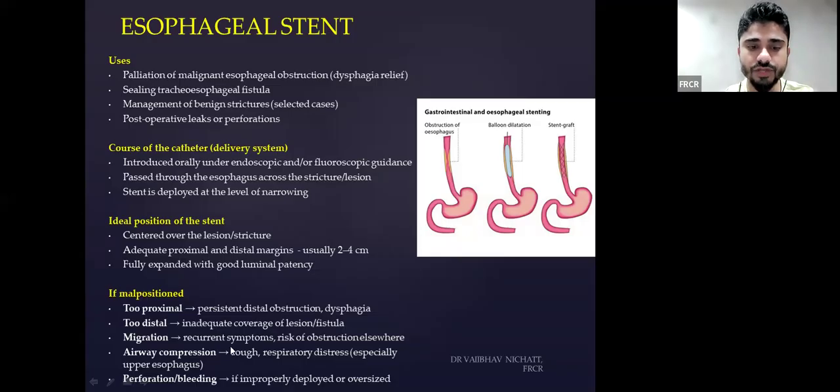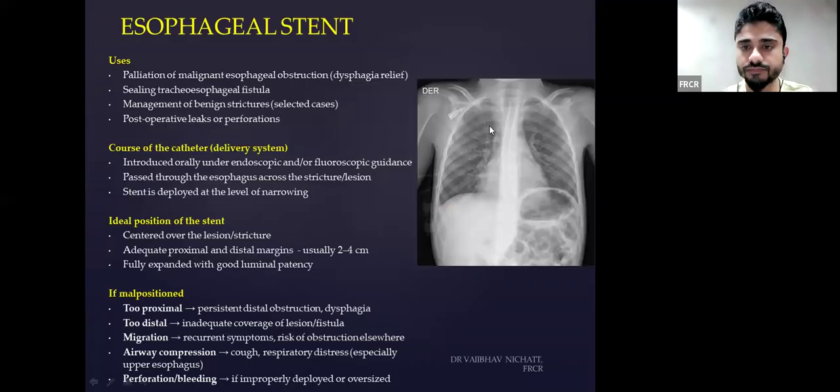Sometimes airway compression can also occur, and because of that the patient might have cough and respiratory distress. Sometimes the esophageal stent can also cause pressure necrosis of the esophageal wall, which can cause perforation and bleeding. This is the radiograph showing an esophageal stent.